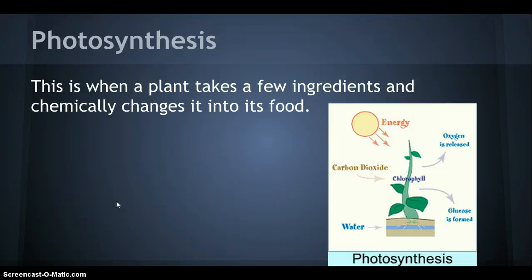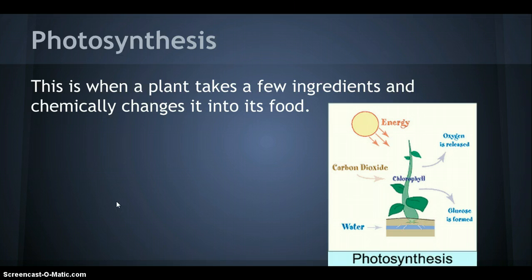Photosynthesis. This is the process of plants collecting sunlight, water, and, excuse me, not oxygen, carbon dioxide. And this usually makes glucose for the plant, and glucose is what plants use to survive. Now, this is chemical because it is irreversible.